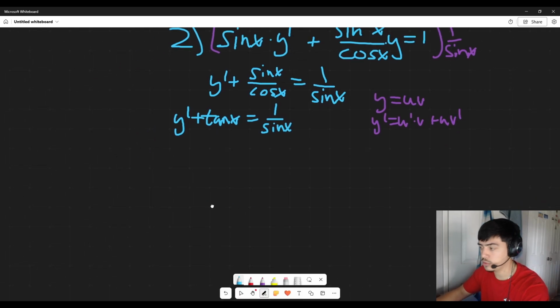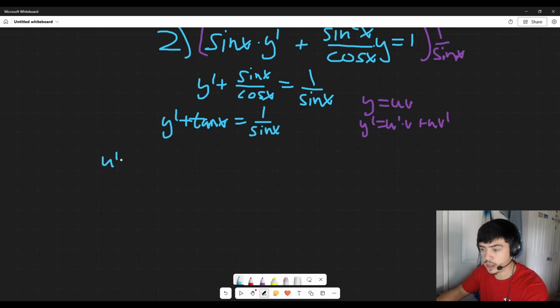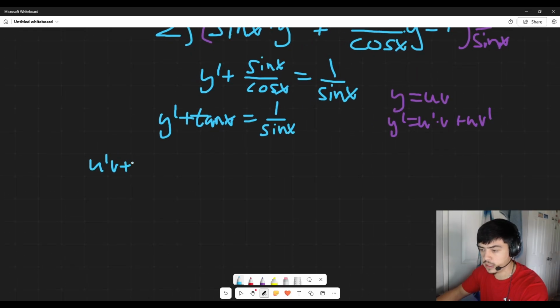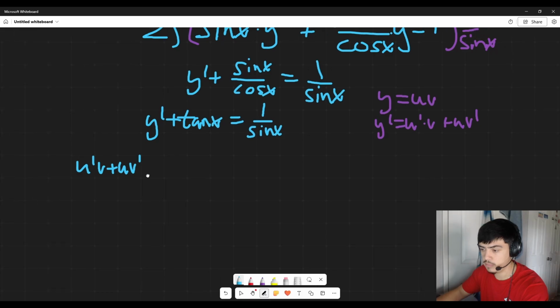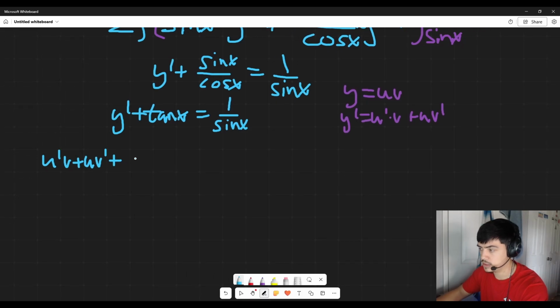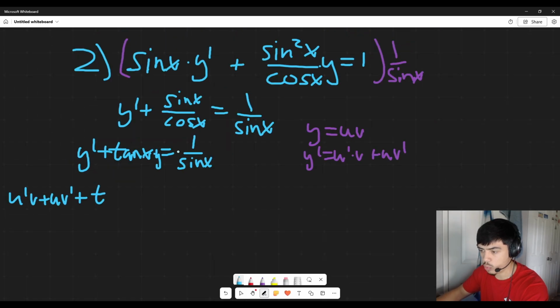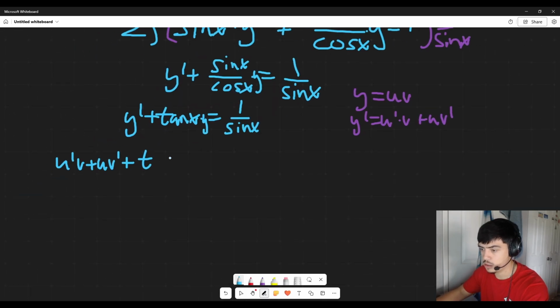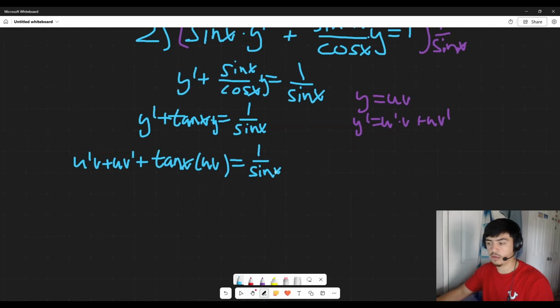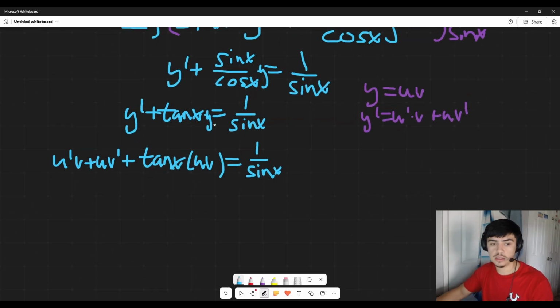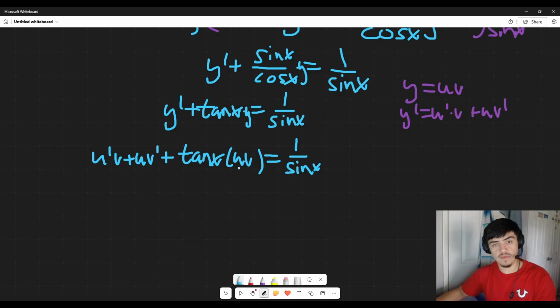Substituting this into our equation, we get u prime times v plus u times v prime plus tangent x times y, so tangent x times uv equals 1 over sine x. Sorry about that, there was a y there that I didn't write. That's why we have a uv here.